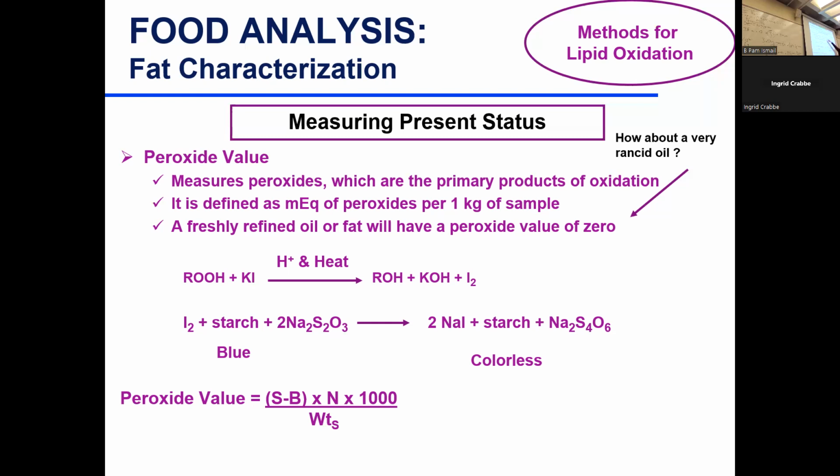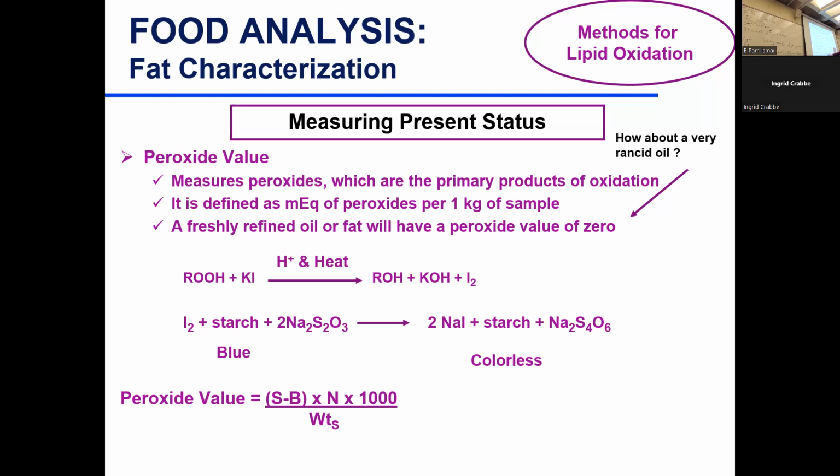And since it's per kilogram of sample, not 100 grams, so 1,000 grams of sample, I multiply by 1,000. If you remember the unit, you will remember the equation. All have similar derivation. It's just based on the unit. There is no molecular weight here because it's milliequivalent, not a unit of mass. It's an equivalence unit, so no molecular weight of anything, iodine or anything.